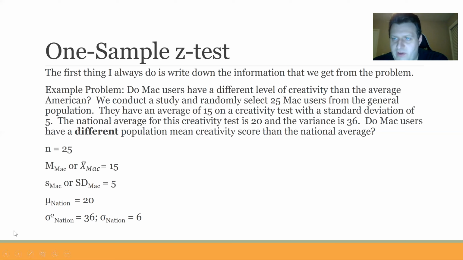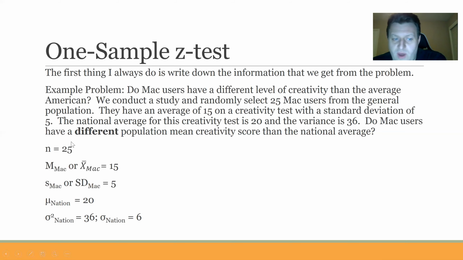For population variance, it's sigma squared, and I can easily calculate what the population standard deviation is, so I just went ahead and did that. I could do the same thing here with my sample standard deviation and give myself the sample variance if that were important for this question. Turns out it's not, but I could have done that as well.